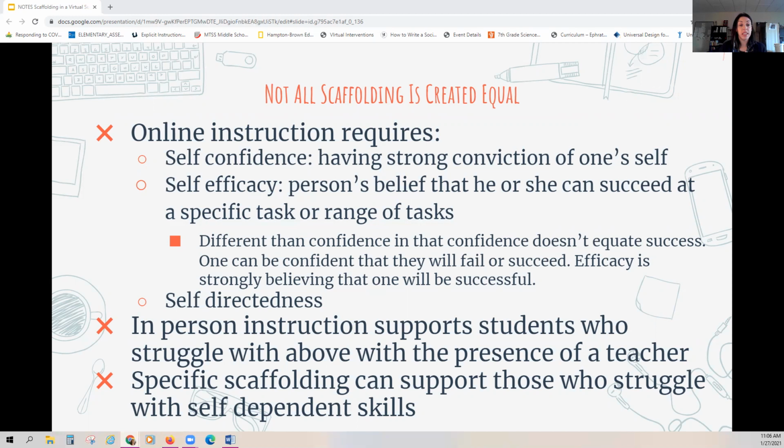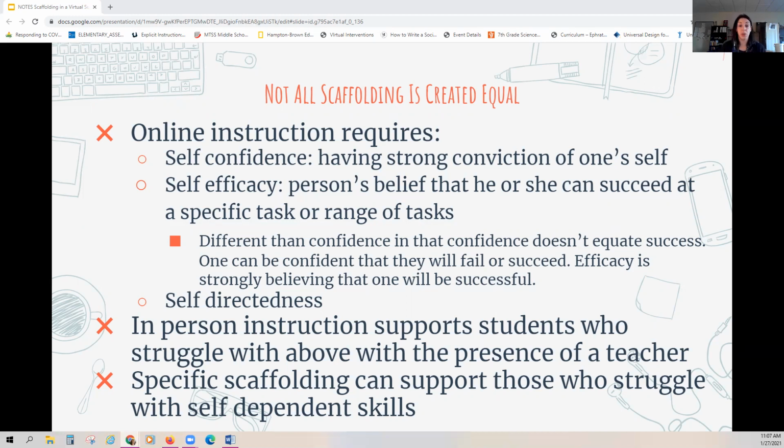The student needs to have self-confidence, so having a strong conviction of oneself. Self-efficacy, and there is a difference between self-confidence and self-efficacy. When we're talking about that, we're talking about the person's belief that they can be successful at a specific task or a range of tasks.